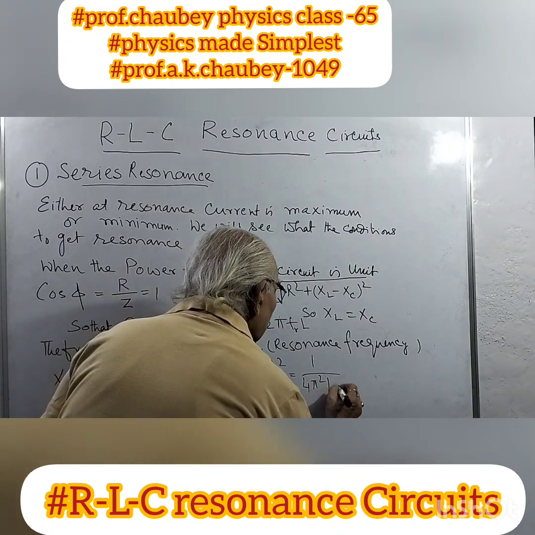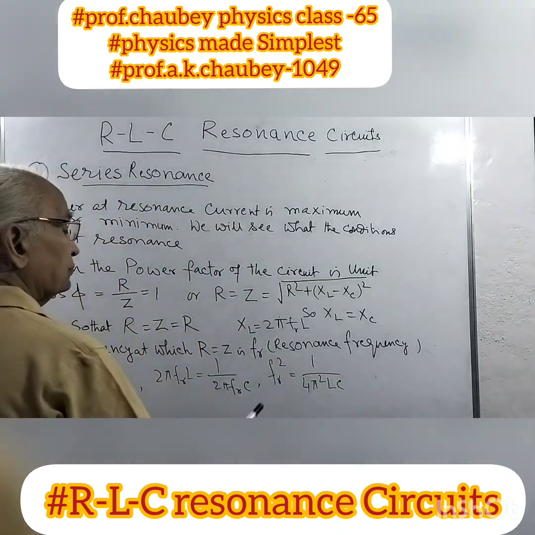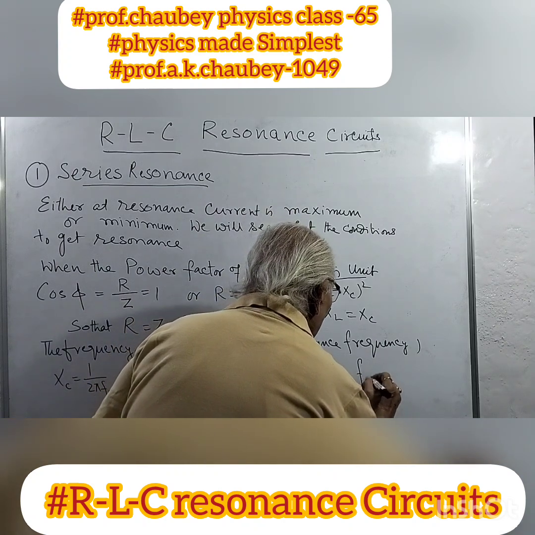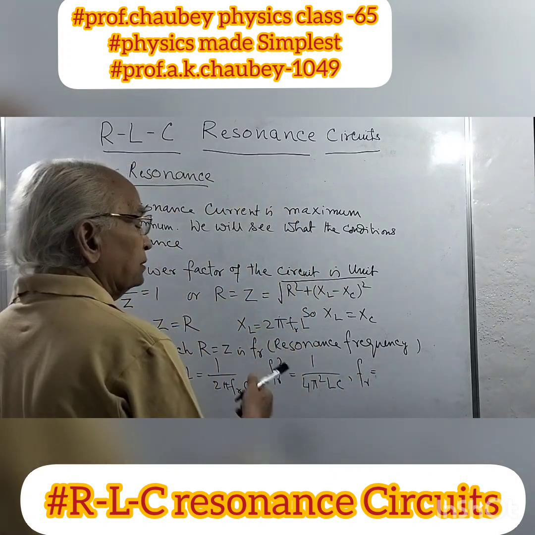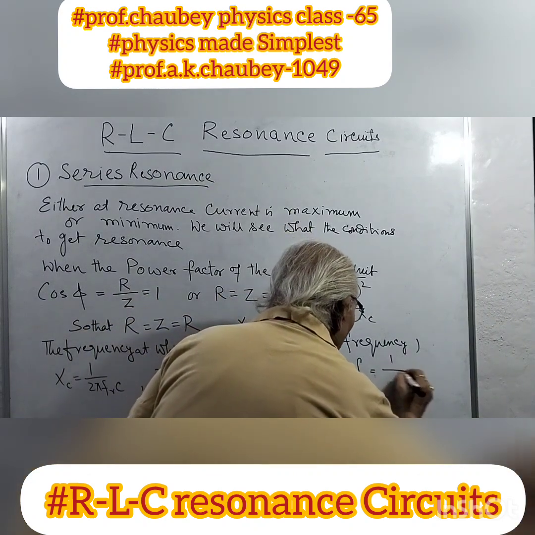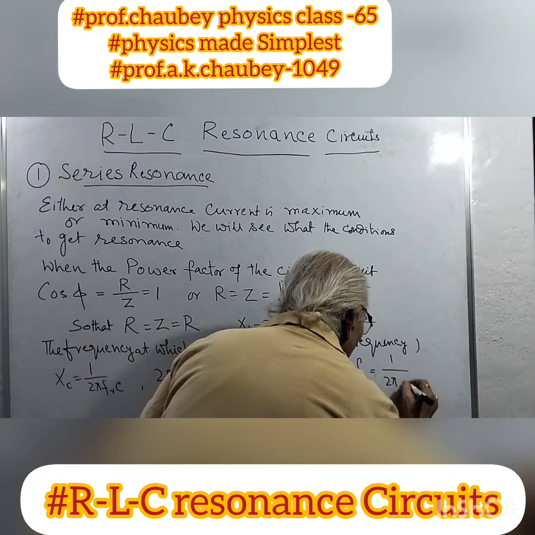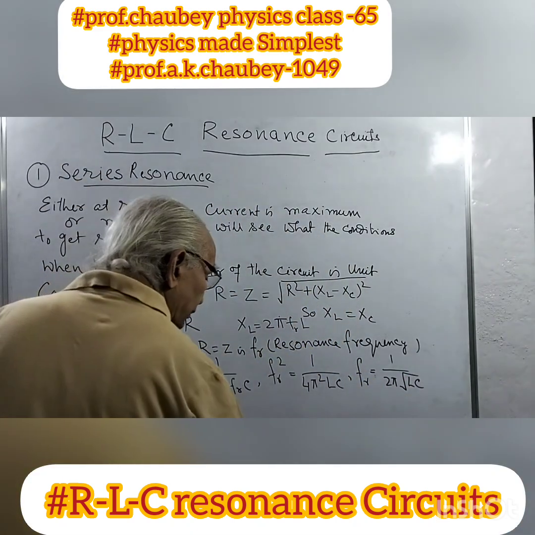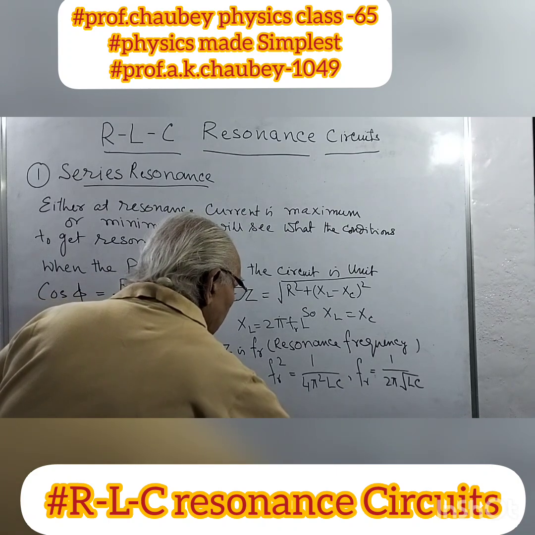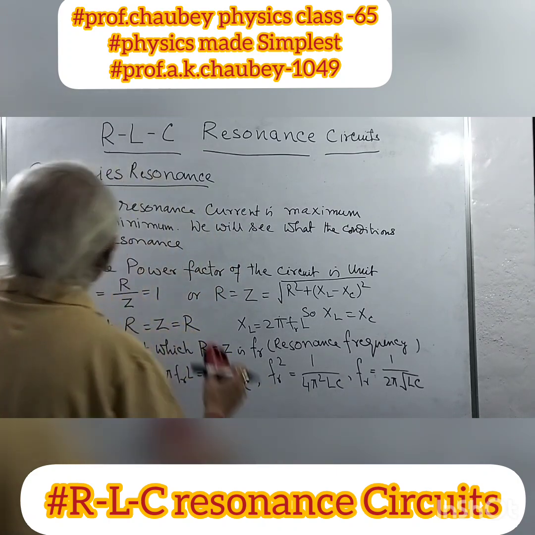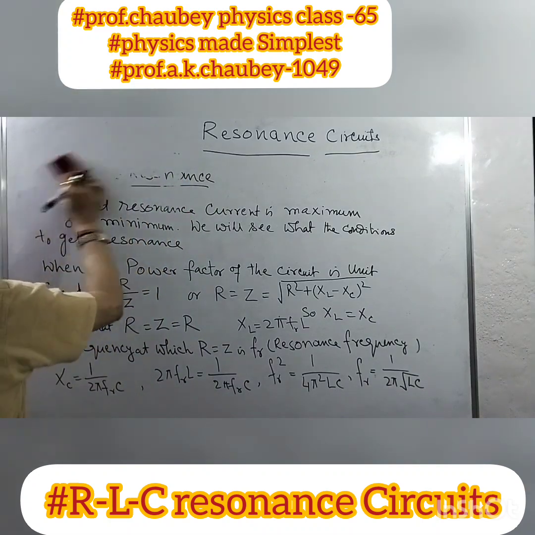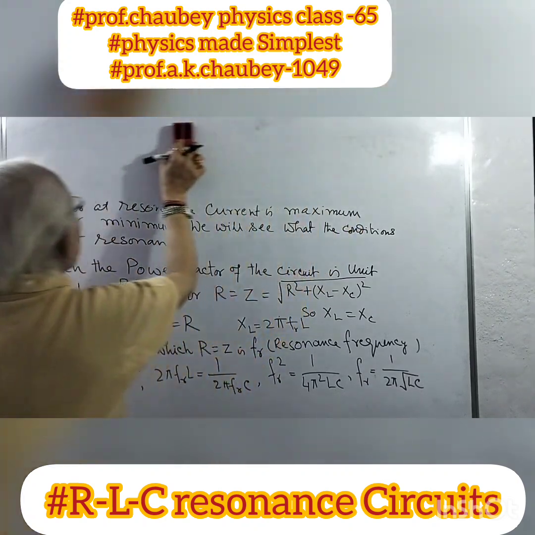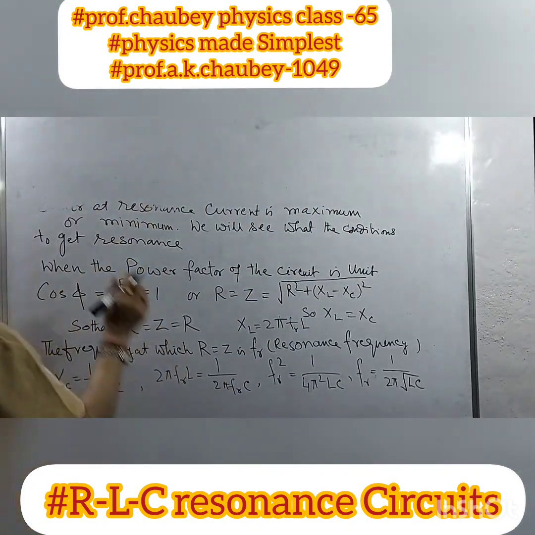This means that FR is equal to under root of this, so 1 over 2 pi under root LC. So this is the frequency called resonance frequency. At this frequency, XL is equal to XC, means inductive reactance and capacitive reactance both are equal.